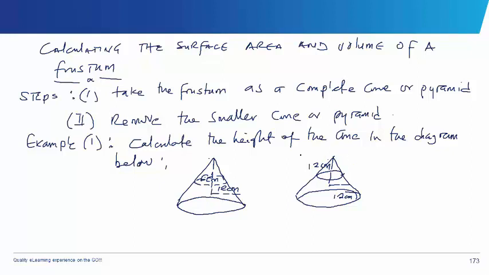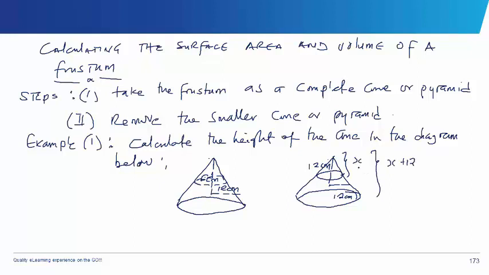First of all, if we want to find the height of the cone below, all we have to do is to find the height of the smaller pyramid and then find the height of the bigger pyramid too.